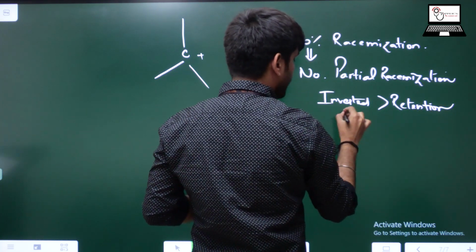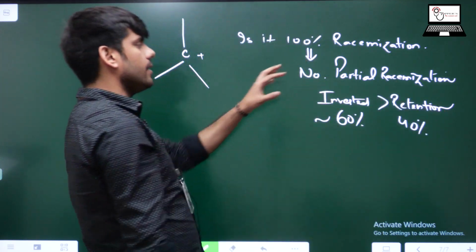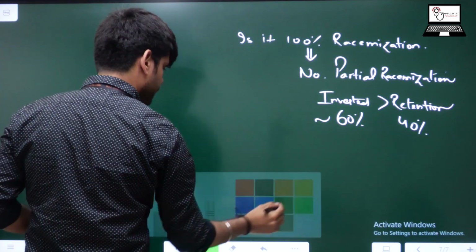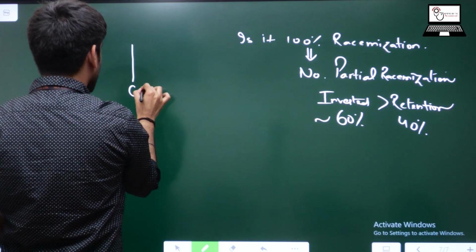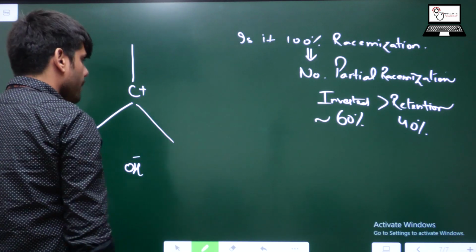For example, if I say this is 60% and this is 40%, this is hypothetical. Now, why does this happen? Let us see. So we know that this is your carbocation and this is my incoming nucleophile.